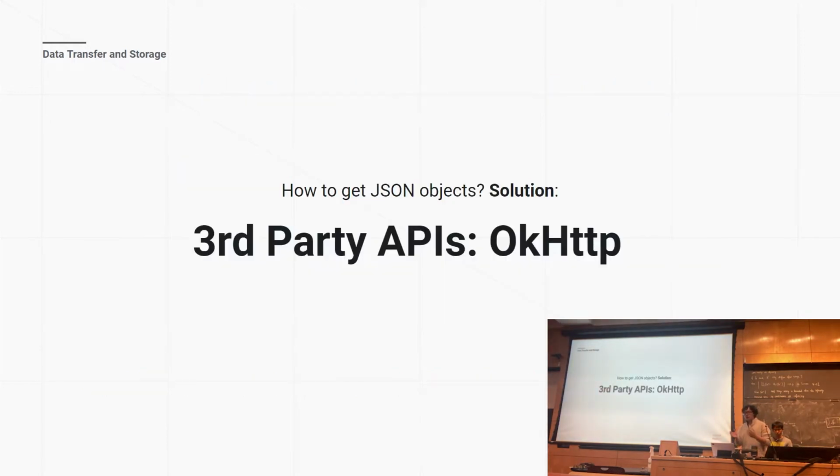Okay, so Moshi can turn these JSON objects into Kotlin objects. But how does one actually make a request to the backend in the first place? Well, this comes to our next API or third-party library we are using, called OkHttp.